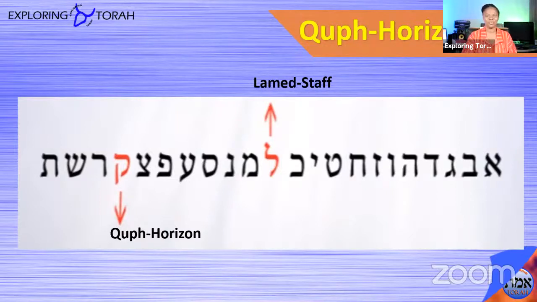So we have been studying, so let's see if you can recognize these letters as we see them now. Of course, we know the first one is Aleph. We all know that. So here we go.